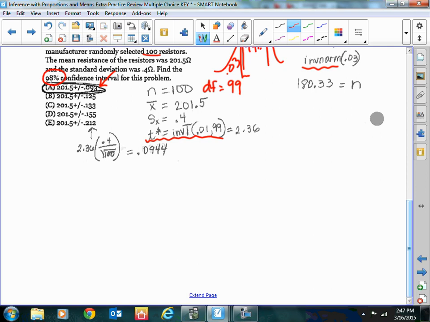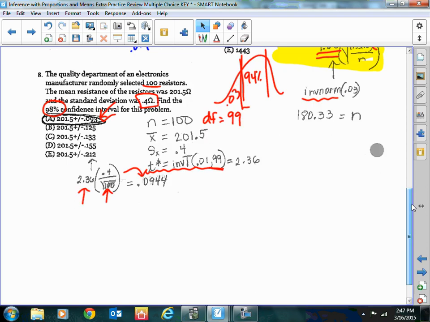Okay, 98% in the middle. Each tail is 0.01 with degrees of freedom 99. So that's my 2.36. And then they tell me the standard deviation is 0.4 ohms. That's a symbol to represent the units for the resistor. Okay, so 0.4 over the square root of n, and when you compute that, that's your 0.0944, closest to A.